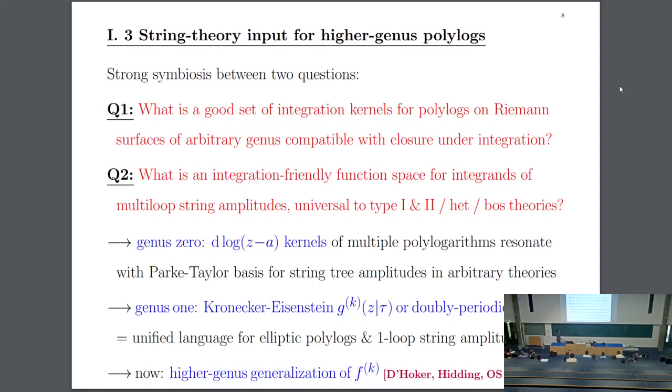This was actually, for me, the first time that I saw a Kronecker-Eisenstein kernel, in an exciting project with Carlos Mafra, where we looked at 6, 7, 8 points for one-loop string amplitudes, and we realized that certain objects, G2, G3, G4, are necessary to accurately describe the function space. These were indeed the ones that mathematicians just started to use for elliptic polylogs. And it's for these G kernels, or a variant that I will introduce in a second, their generalization to higher genus, which will be delivered as the main result of this talk.